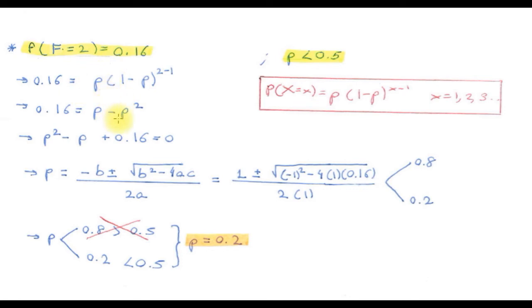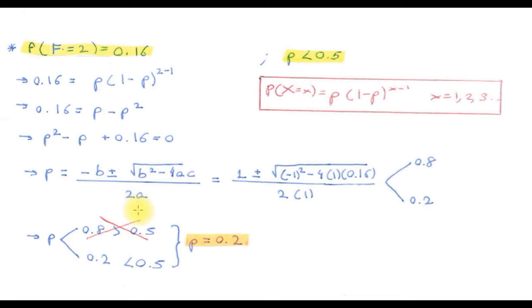By rearranging the equation such that we're left with a quadratic equation that is p squared minus p plus 0.16 equals 0, we can now substitute our values of a, that's 1, b, minus 1, and c, 0.16, into the quadratic formula, minus b plus or minus the square root of b squared minus 4ac, divided by 2a, to solve for p.